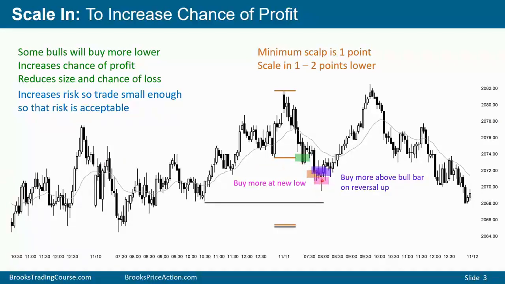This is a small bull bar, and it's also a second entry, first entry above this bar, and then second entry here. That's a higher probability buy. Is it less than a point below the first? It can be, and some traders will take it if they're trading small enough. This is a high probability buy. It's a wedge bottom, reversal up, reversal up, reversal up, and it's a second entry buy.